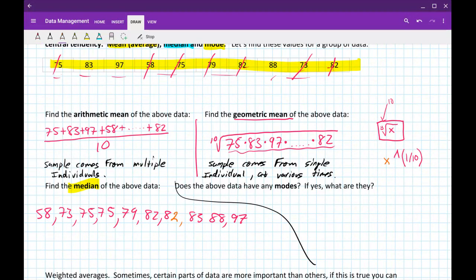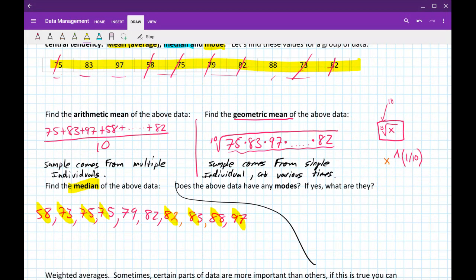Okay. And now to get the median, you would go to the middle number. What I've seen people do is cross out 1, 2, and so on. The middle number would be 79 or 82. Well, which one is it?